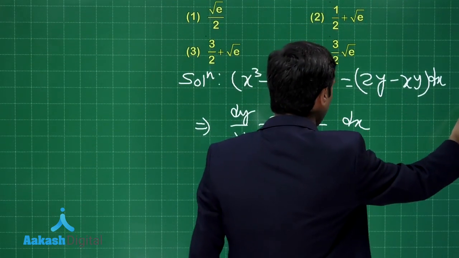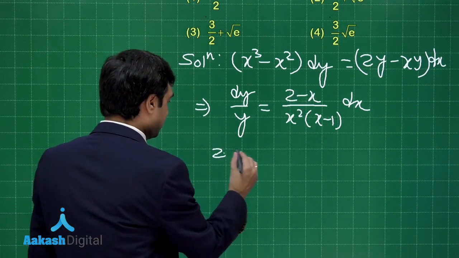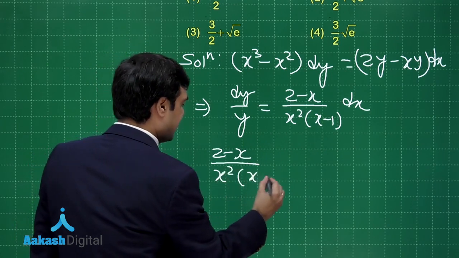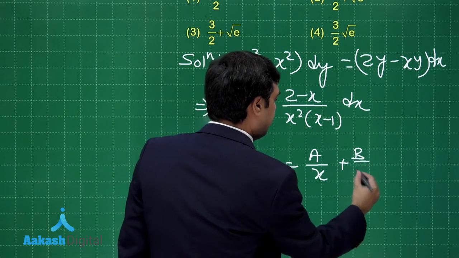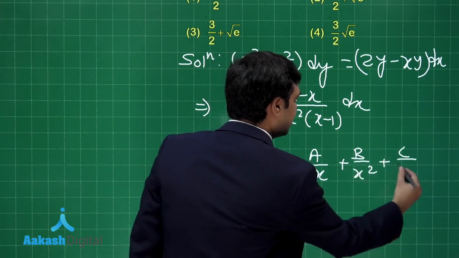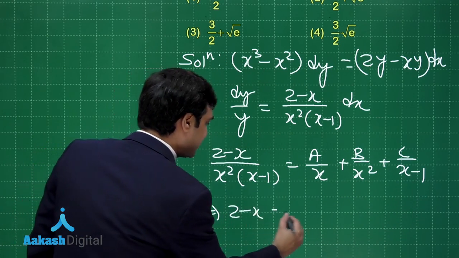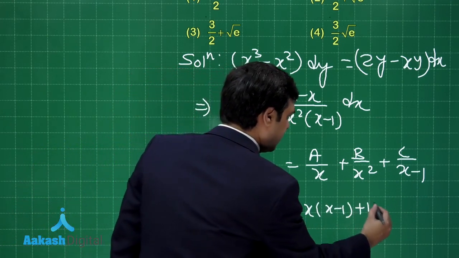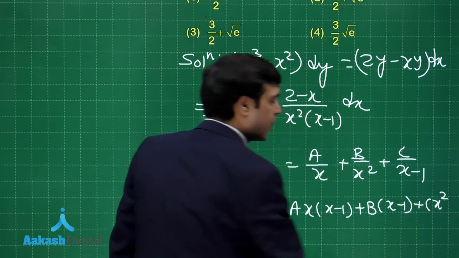We need to go for partial fraction for simplification of it. So let's take it separately. 2 minus x upon x square into x minus 1 is a upon x, b by x square, c by x minus 1, or 2 minus x is a x into x minus 1, b into x minus 1, c x square.